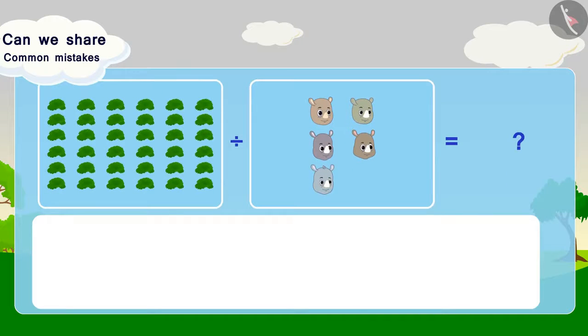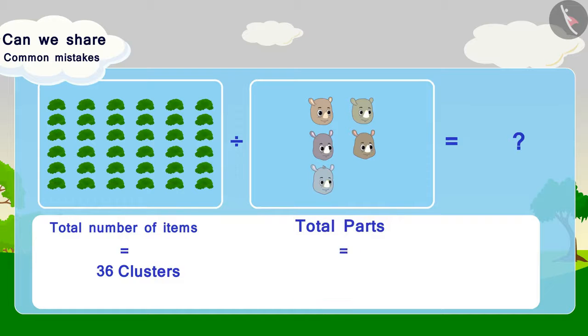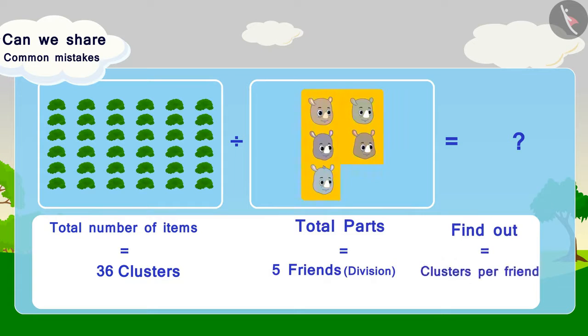In this option, we see that the total number of items equals 36 clusters. Total parts equals 5 friends' parts. We have to find out how many clusters there are per friend, per part.